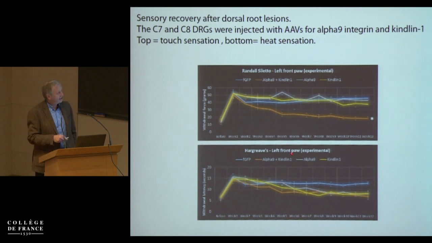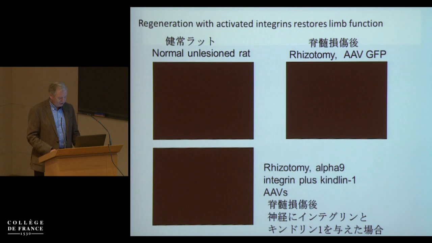When we look at heat sensation, which is this one here, in fact all these treatments are successful, as we'd seen before. Kindlin and alpha-9 and the combination all can restore heat sensation, but in the controls you see the deficit continuing.